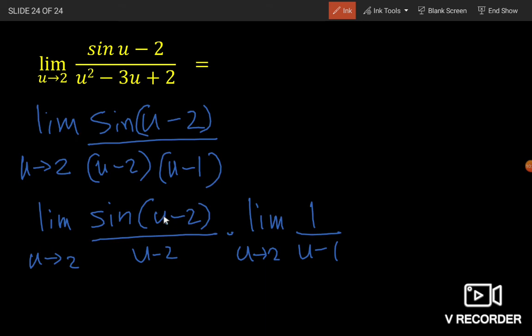So you have here u minus 2, u minus 2. These are two terms. Sine of u minus 2 over u minus 2 is this, and then 1 over u minus 1 is this.